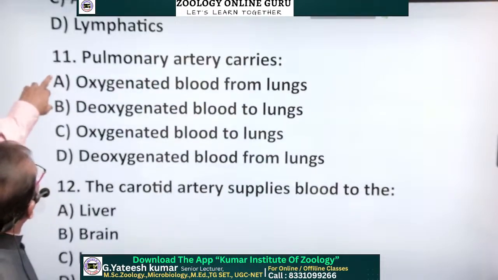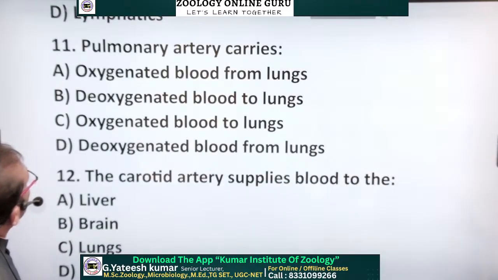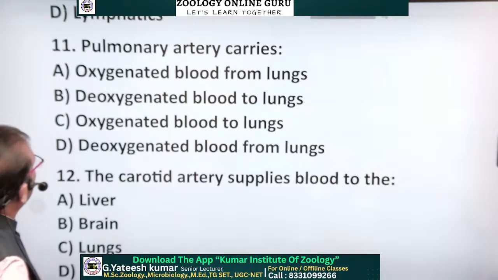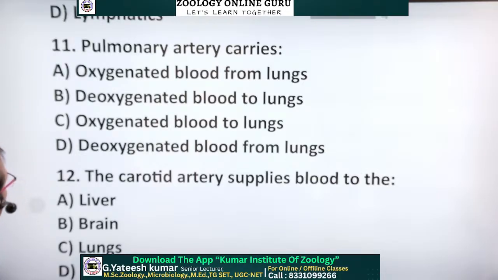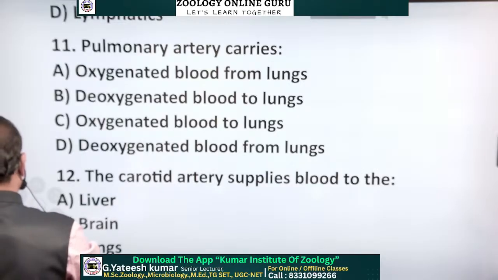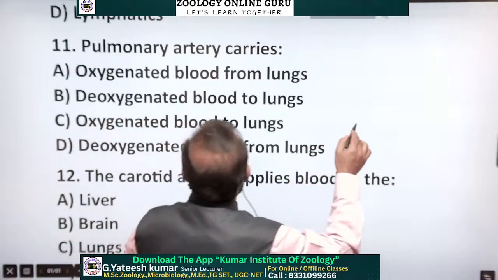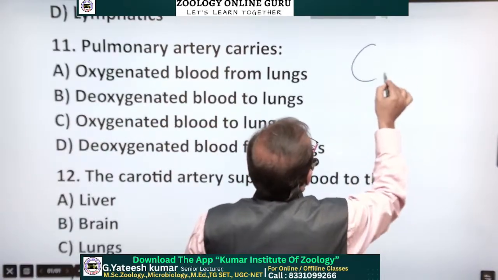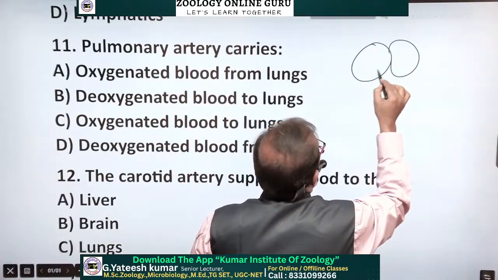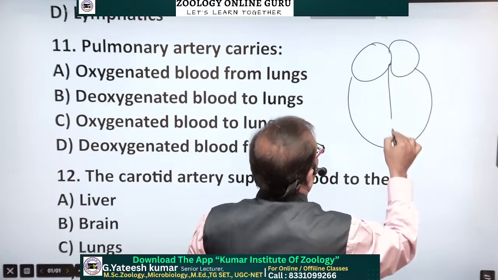Question number 11. Pulmonary artery carries: oxygenated blood from the lungs, deoxygenated blood to the lungs, oxygenated blood to the lungs, or deoxygenated blood from the lungs? Tell me this answer. Very simple question, no logic, a direct question. Here are the right atrium, left atrium, and then the ventricles.